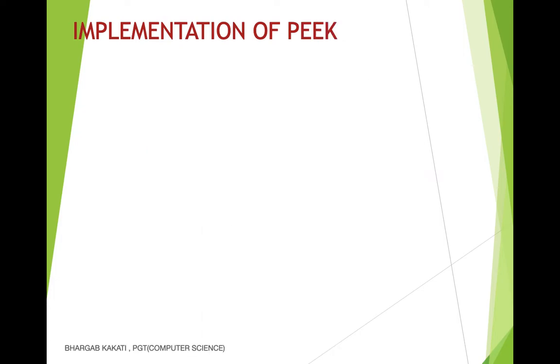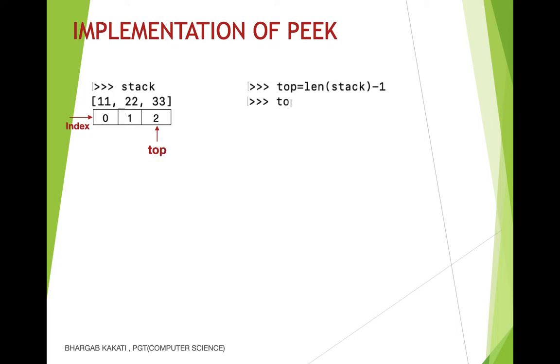Now next is peek. What is peek? Displaying the topmost element of a stack is known as peek. So this is the current position of the stack before popping out. These are the indexes, and this is the current position of top. How to find out the top? Length of stack minus 1. So top is 2.